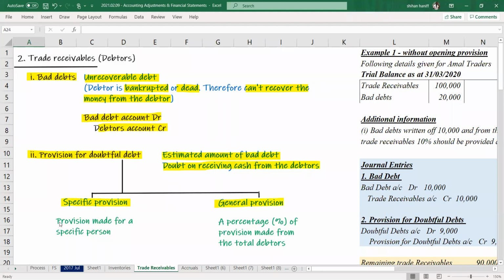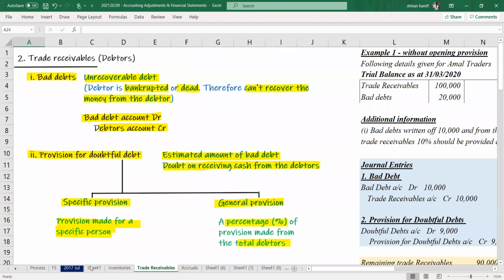Specific provision means provision made for a specific person. Let's say Mr. Pereira. You know the person, so you make a specific provision for that, 100% for that specific person. General provision means you make a percentage from the total debtors.